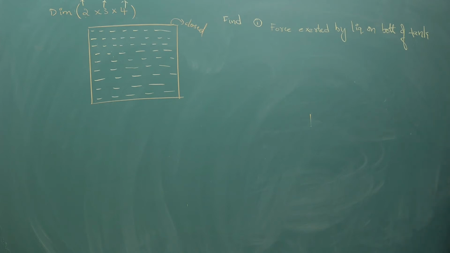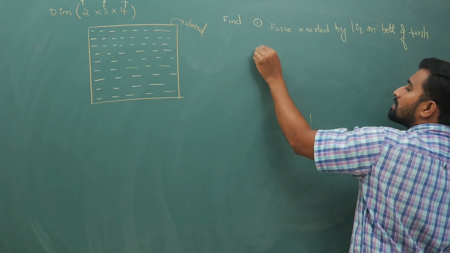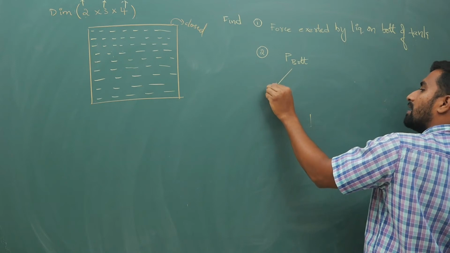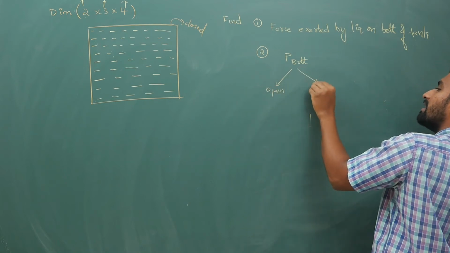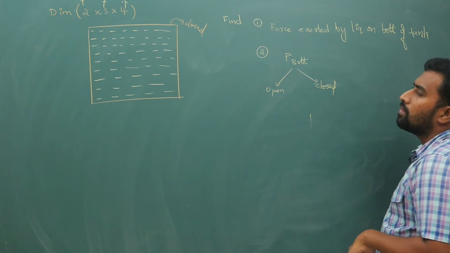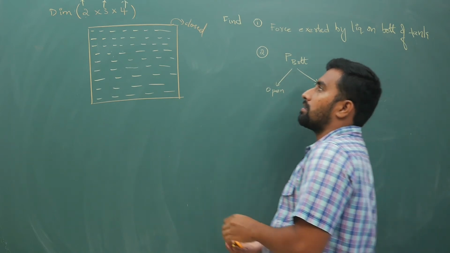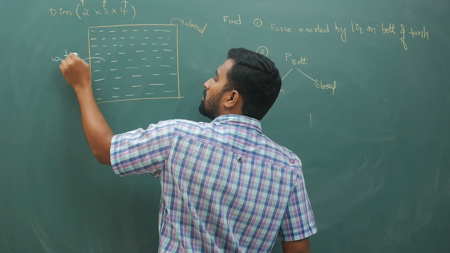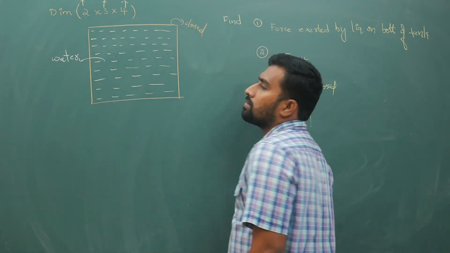Second case, when it is open, you can also find out; initially it is closed. Next, the second thing is the pressure at the bottom when it is open and when it is closed. How much is the pressure? You are filling it with water, the liquid is water. Give your answers, I will explain the solution anyhow.